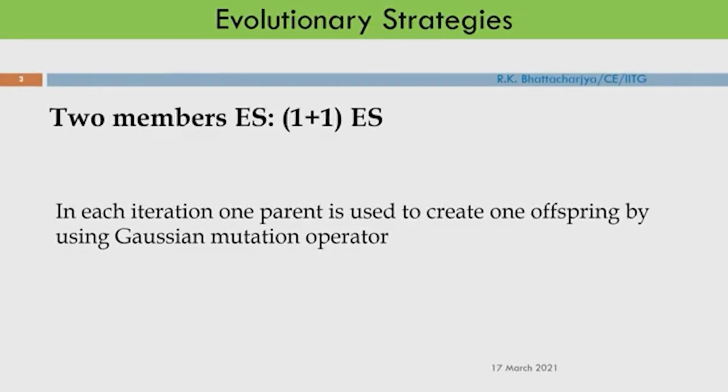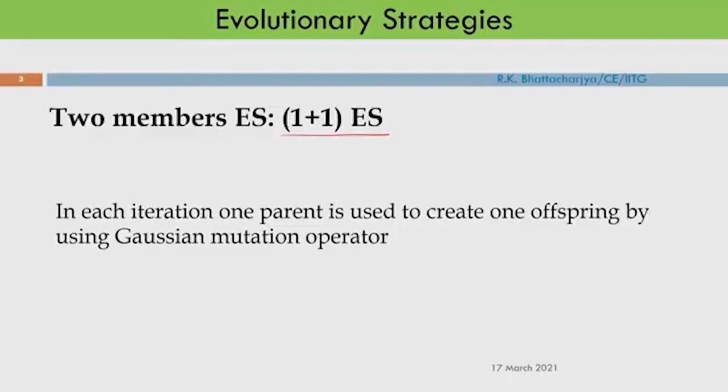Now, let us discuss the two member ES. We call it 1 plus 1 ES. Here you have only two members and this is one of the simplest optimization algorithms, which can be implemented using only a few lines, maybe within 5 to 10 lines. So, let us see.